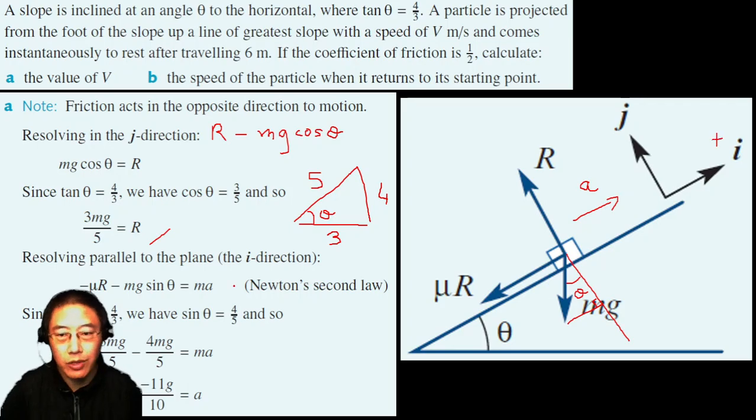That's the convention. We substitute, we make a the subject, and then we have the acceleration. And again, notice how it is negative, which is fine. It's a deceleration because it's coming to a stop, and the acceleration has to be negative. All right, so we have a negative acceleration.